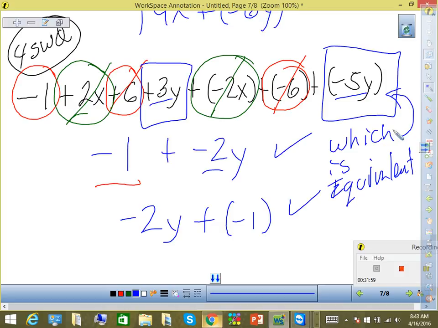They can either leave it like this or like this. They're not going to say put it in standard form. The reason we're showing you standard form is so that you can see the different ways of writing it. Does that make sense?